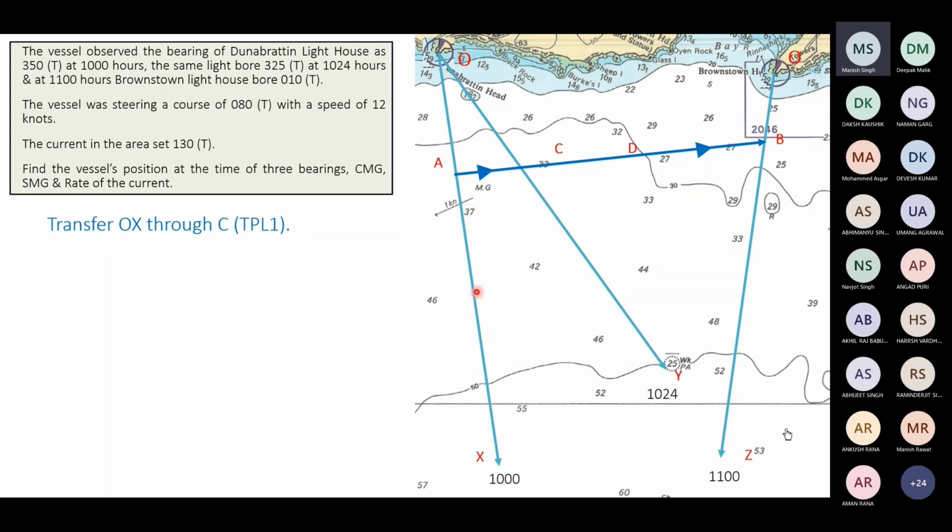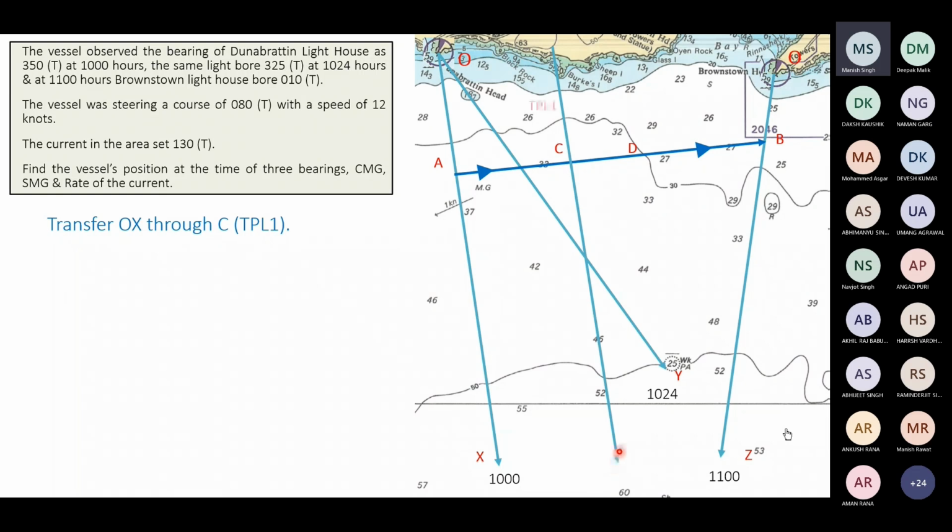I have to draw a line parallel to OX, which should pass through point C. So I will align my parallel ruler, set square or sliding ruler, whatever tool is being used, with the line OX and transfer it to point C to draw a parallel line. You can see this parallel line passing through point C plotted on the chart.